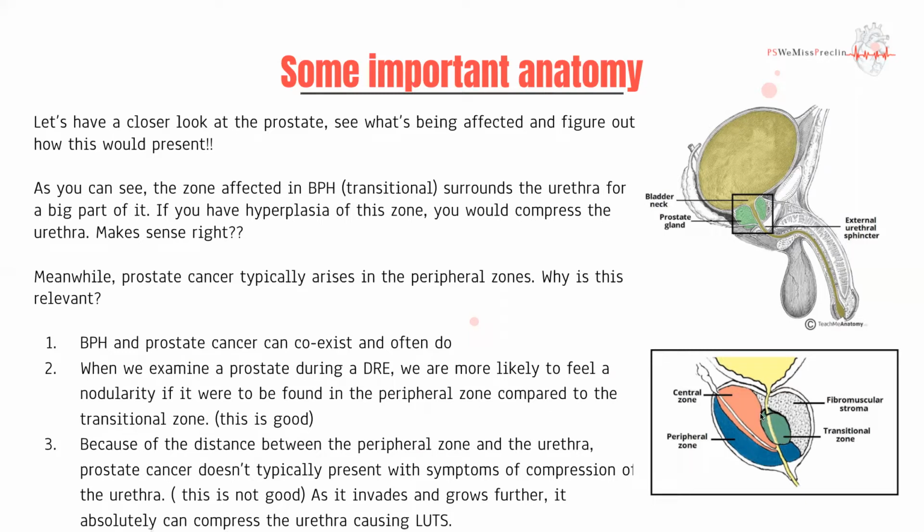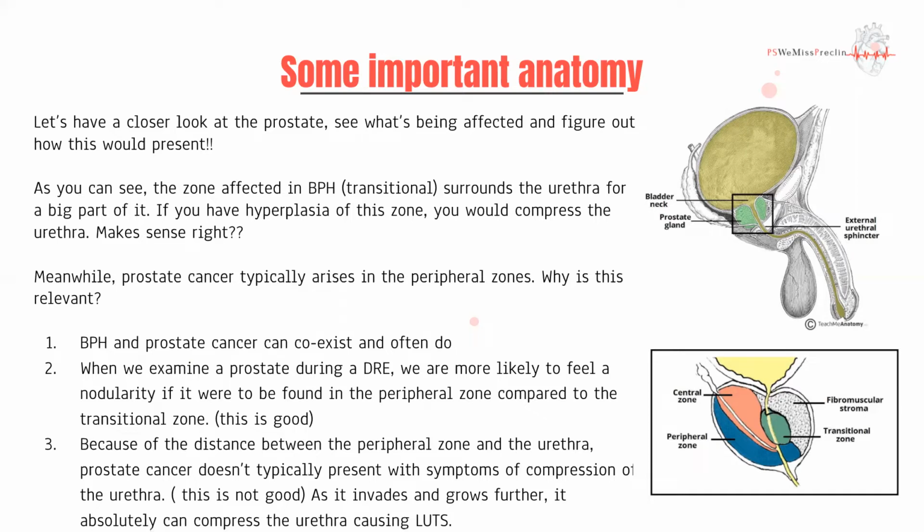Thirdly, when we examine the prostate, I talked about how you are examining the posterior aspect of the prostate, which is close to the peripheral zone, which is why you are more likely to feel a nodularity if it were present in the peripheral zone compared to any other zone. And this is good because it's easier for us to pick up these cancers.